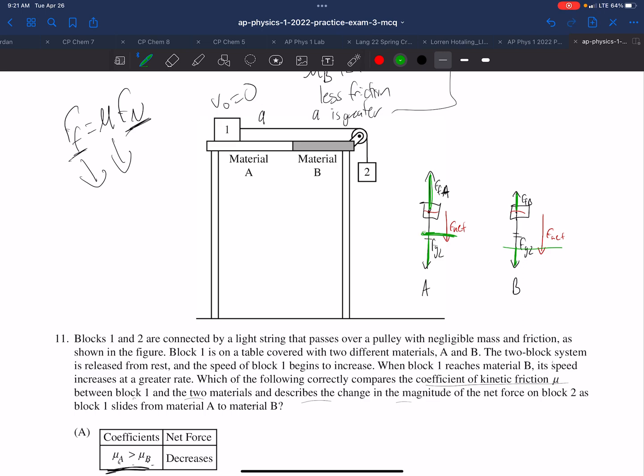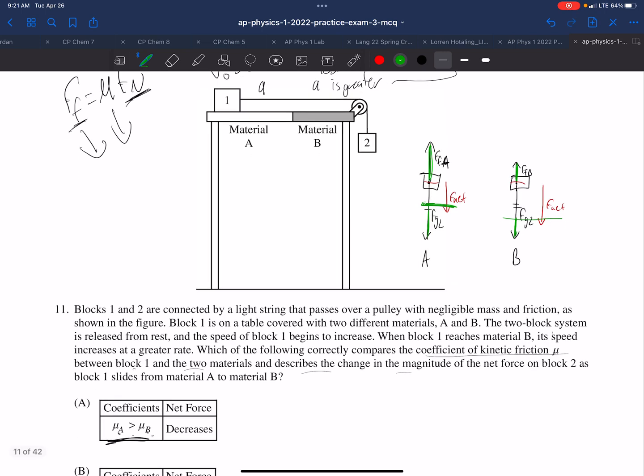So we have a smaller net force. So the net force on A is less. The net force on B is more.